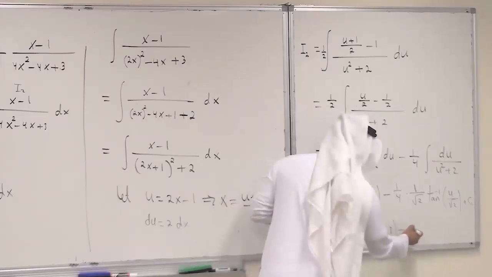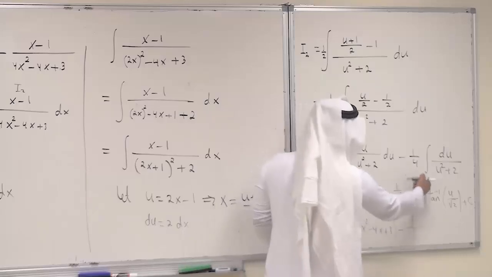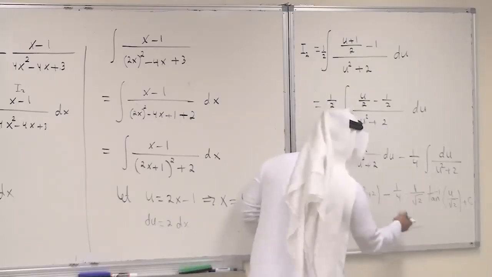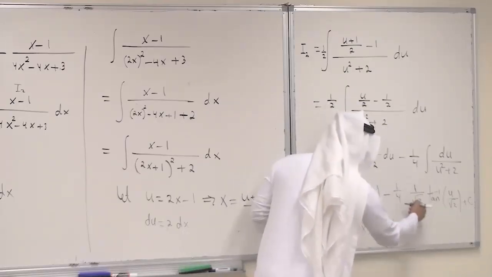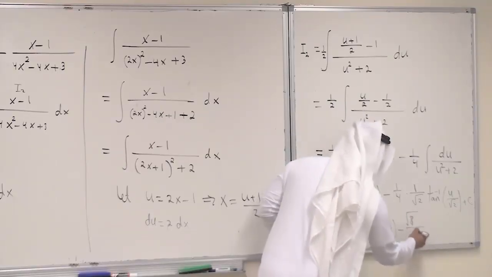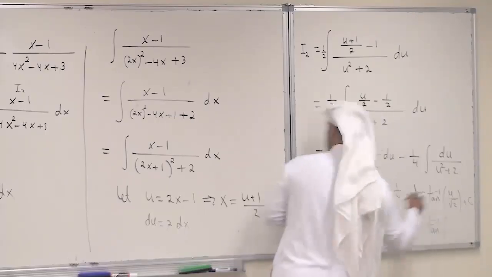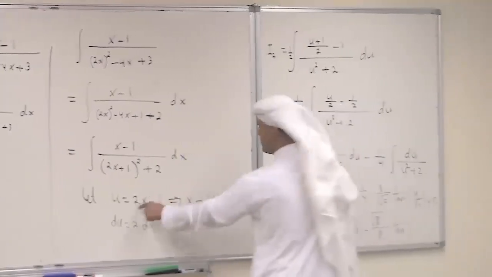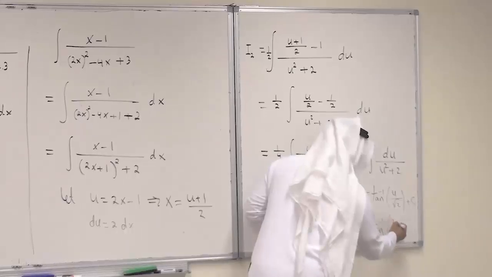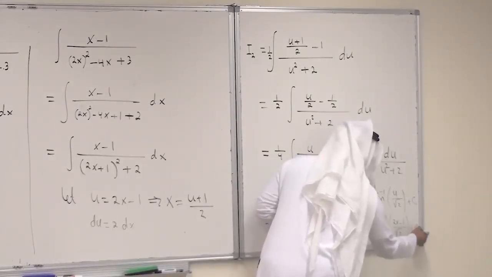And then we have here minus 1 over, of course you can simplify this by rationalizing, multiplying by radical 2. So if you like to do that, this will be radical 2 and this will be 2. So this will be radical of 8 divided by 8. And then I have tangent inverse of, what is u? u is 2x minus 1. So that is 2x minus 1 divided by radical 2 all plus constant of integration.